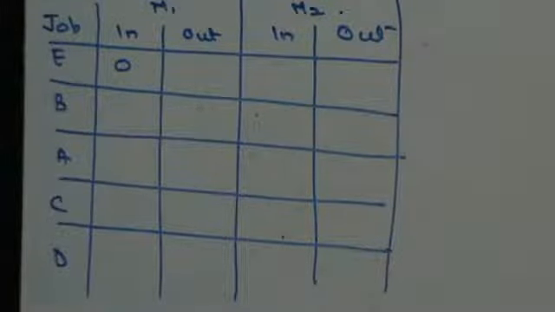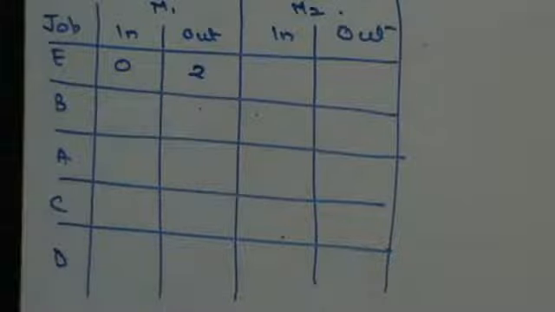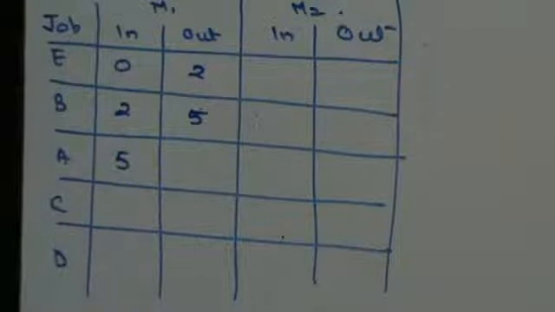If you look at your original sum, on machine 1, job E takes 2 hours. Whatever is the time out of job E will be the time in for job B. Job B on machine 1 takes 3 hours. 2 plus 3 becomes 5 hours, so this will be 5 here. Then job A takes 3 hours, so this is going to be 8.